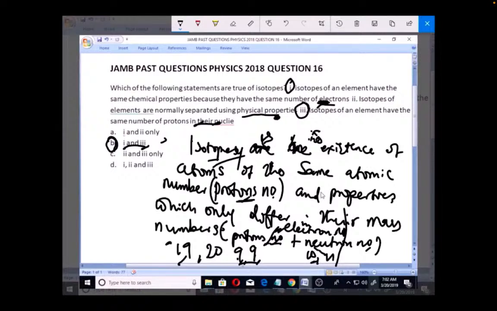They have similar properties because of this similar proton number, but they differ in their mass numbers. So that is the end for this. Thank you.